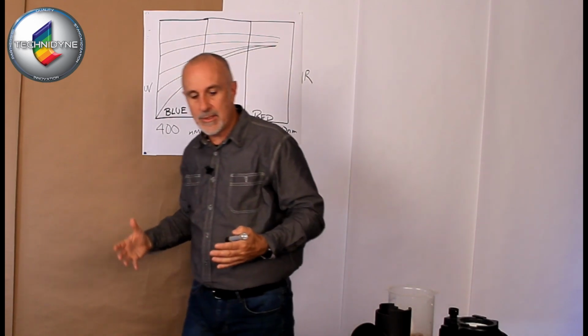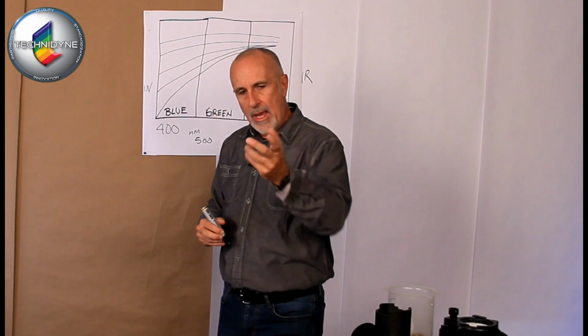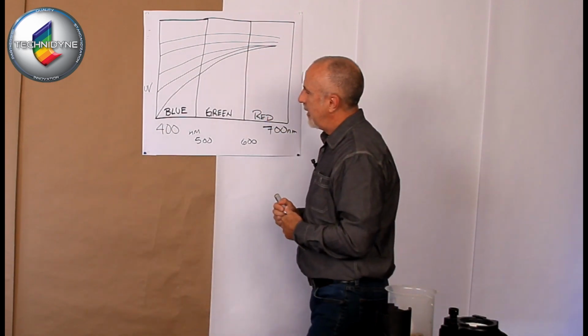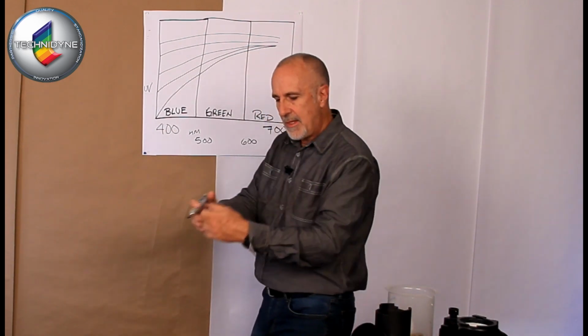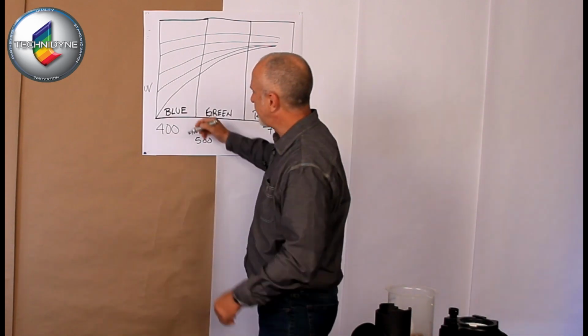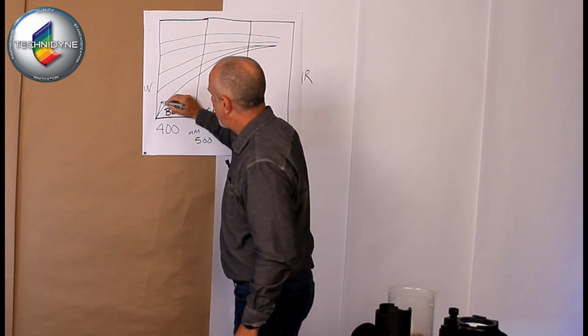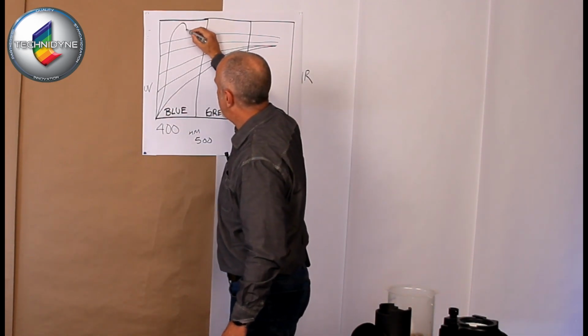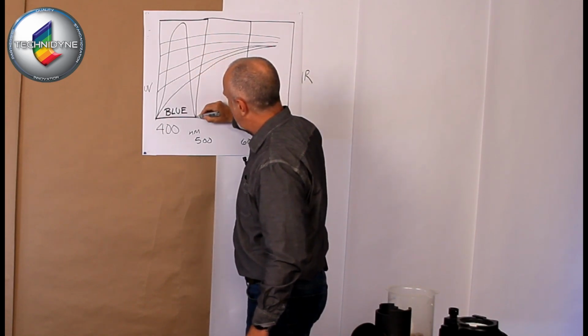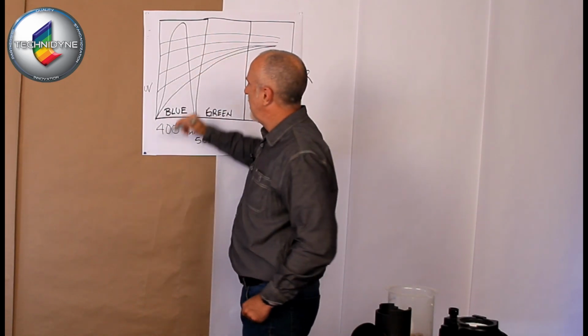So they developed this instrument, they looked at it, and when they measured the spectral characteristics of this filter in this instrument, they found that the energy distribution of that filter looks something like that.